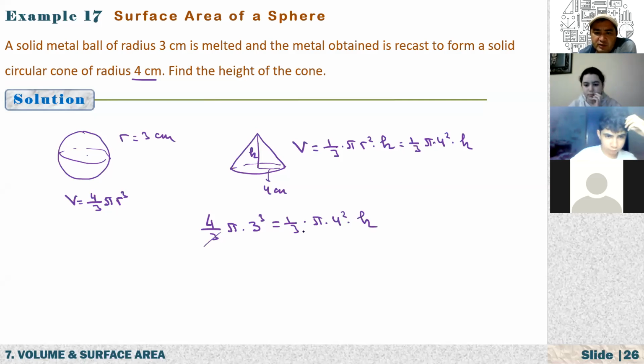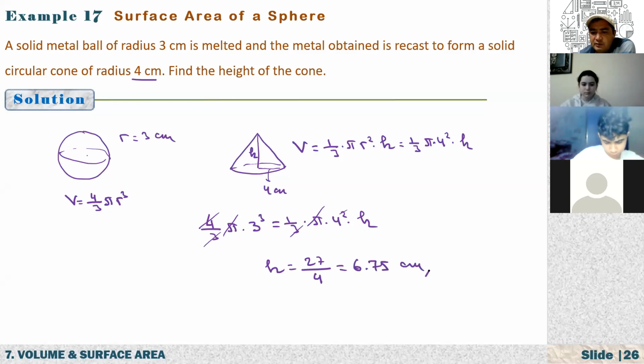So this 3 is gone, pi is gone, and also 4 and 1, 4 is gone. What is h? h equals 27 over 4, because 3 cubed is 27. That's equal to 6.75 centimeters. Okay, good. Sona, very good.